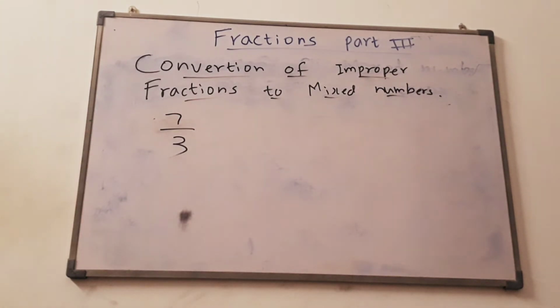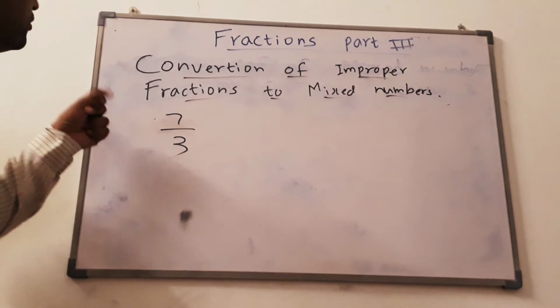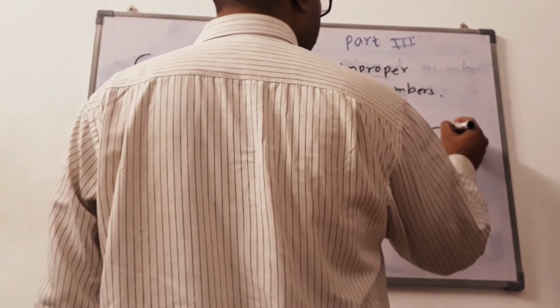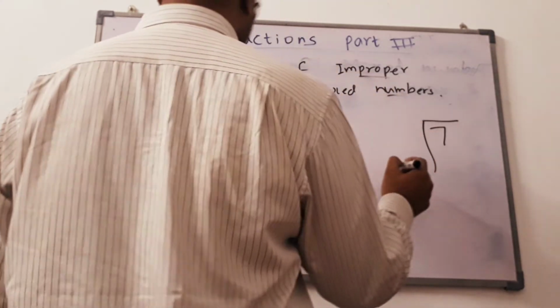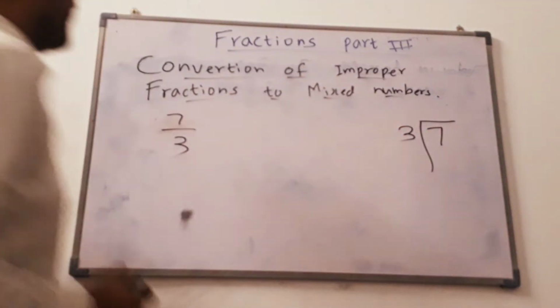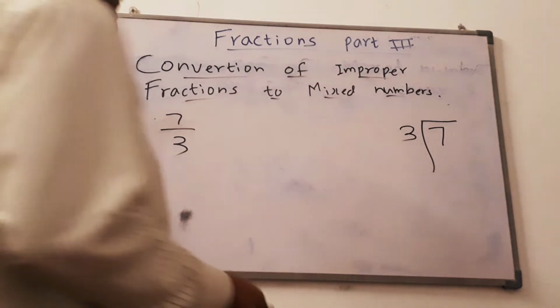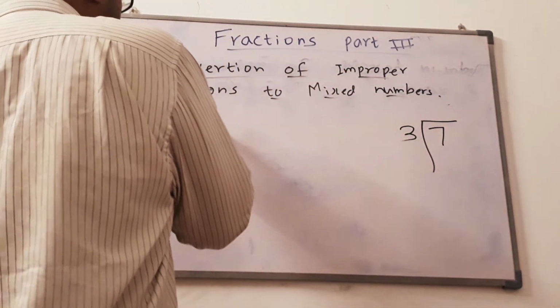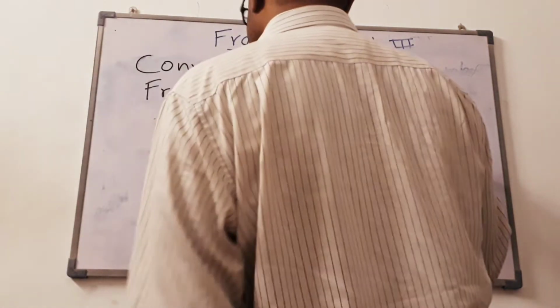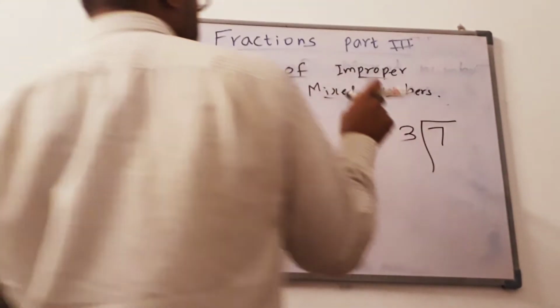What we have to do is divide the numerator by the denominator. Only if it's an improper fraction, to make it into a mixed number, we have to divide the numerator by the smaller one, that means the denominator.